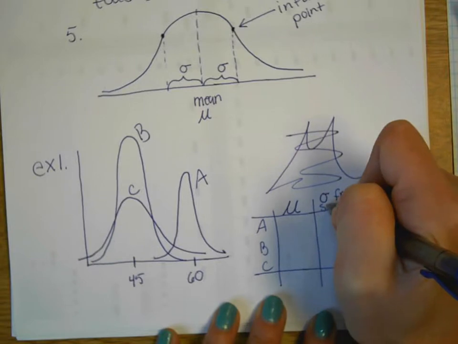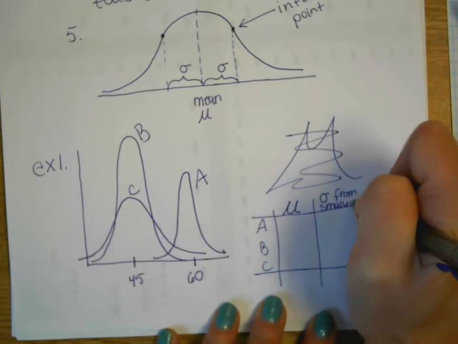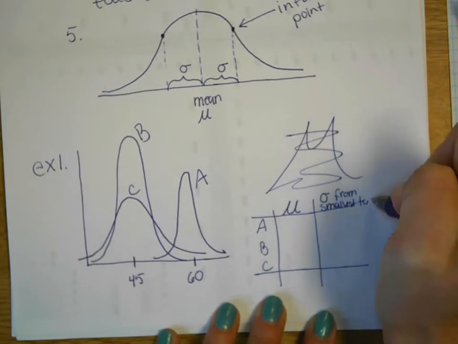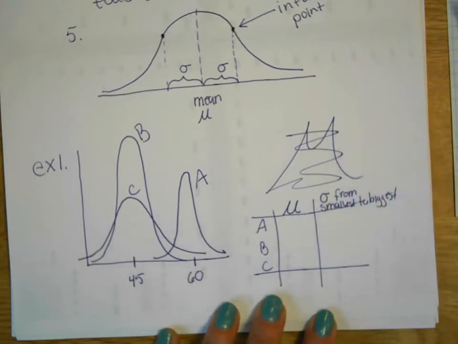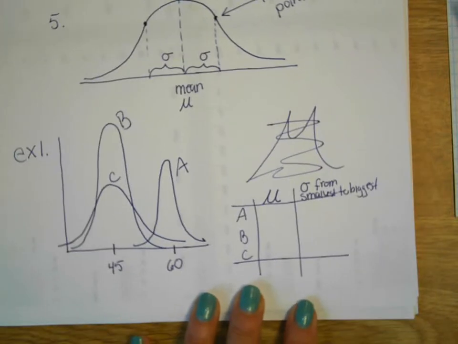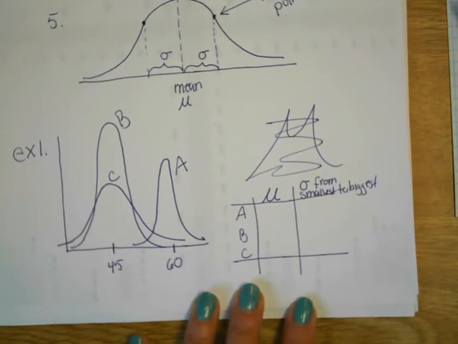We won't be able to tell what the standard deviations are, but we're going to be able to tell which one has the smallest standard deviation to which one has the biggest standard deviation.